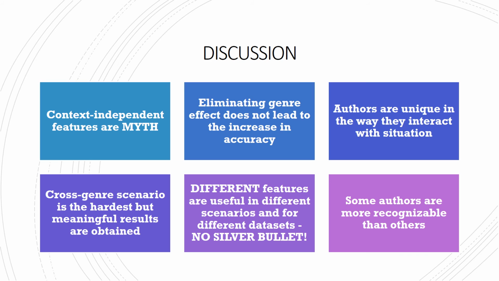Cross-genre scenario is the hardest one, but meaningful results can be obtained. Different features are useful in different scenarios and even for a variety of datasets, so no silver bullet. And some authors are more recognizable than others.